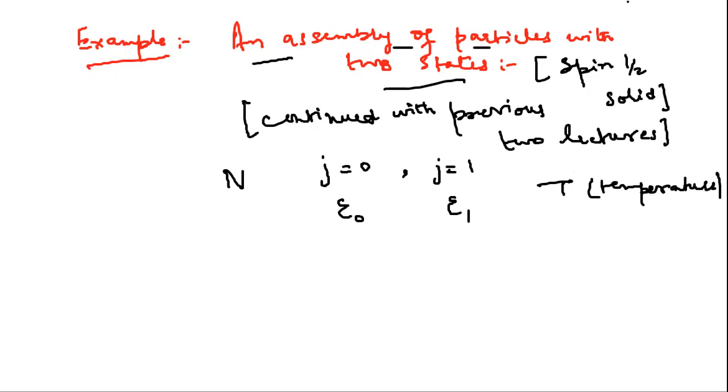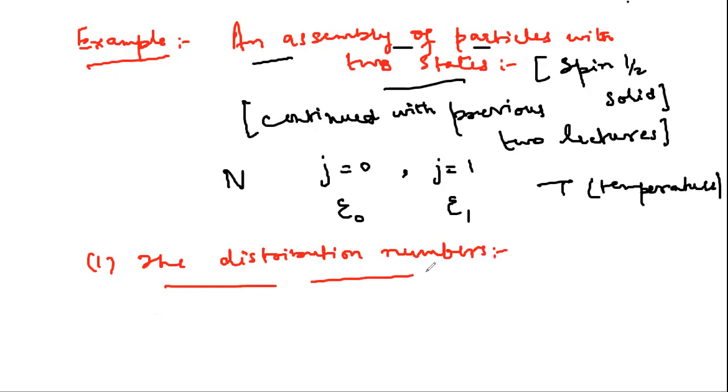So first we discussed the distribution numbers, or occupation numbers, of the two states.